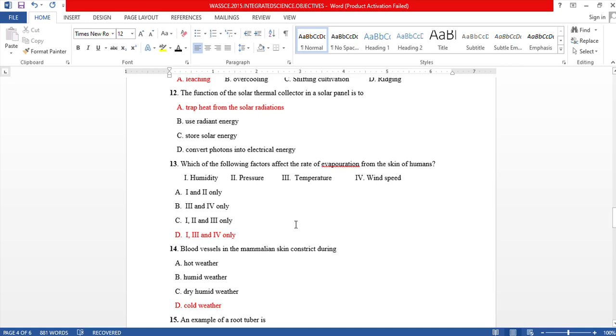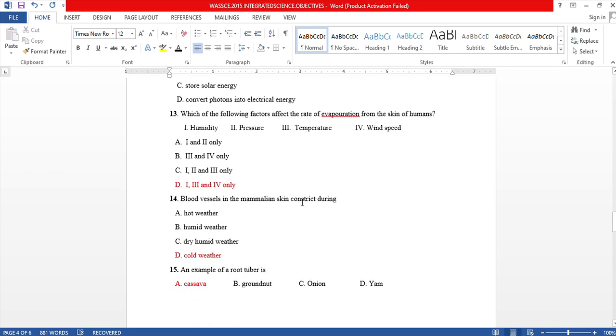The more the wind is blowing, the easier evaporation can take place, because it will blow away the already evaporated water, and then allow for more evaporation to take place. So humidity, temperature, and then wind speed.